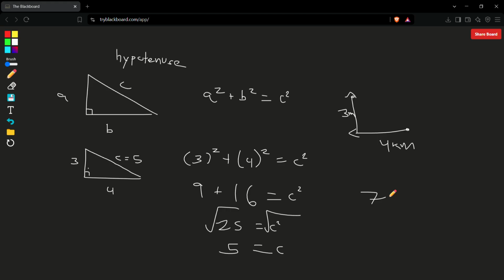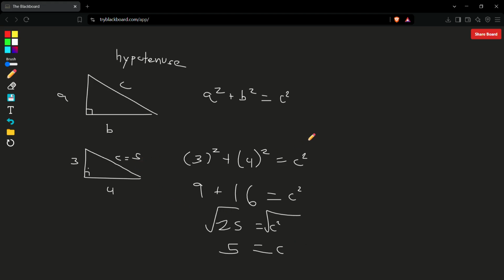But overall, you would have 7 kilometers. If you want to take a shortcut and go directly from one point to the other, you could travel 5 kilometers only. That's basically one of the applications of the hypotenuse.